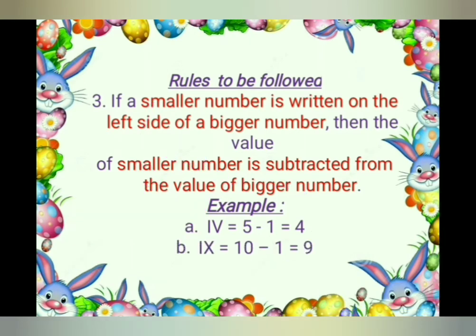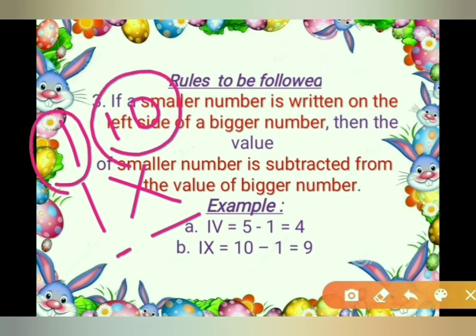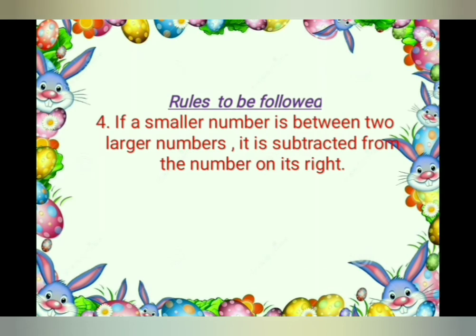And then next, IX. Value of I is 1, value of X is 10. When a smaller value is written at the left side of a greater value, you do subtraction. So 10 minus 1 equals 9. And next, if a smaller number is between two larger numbers, it is subtracted from the number on its right.